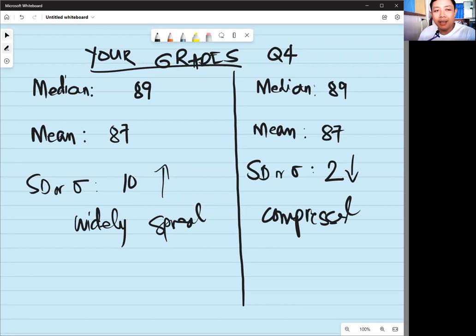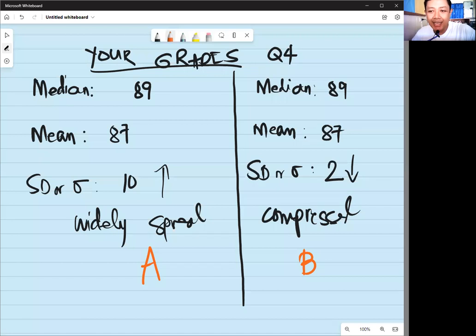Now, if you will be given the chance to choose which of the two you prefer, is it the group A, the A grade, or the B grade? If you will be asked, which do you prefer to receive?